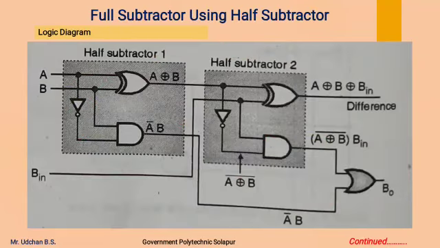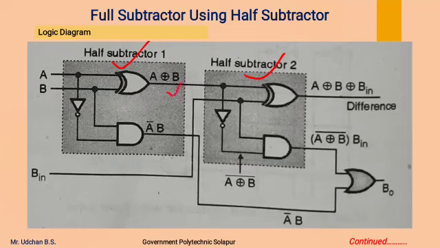After that we will see a full subtractor circuit using a half subtractor circuit. As the full adder using half adder is constructed, in the same way a full subtractor is constructed using half subtractor. Two half subtractors are connected in a cascade.